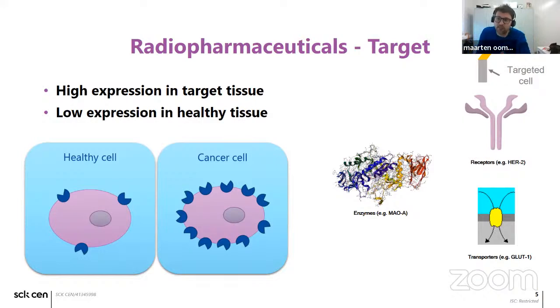So if you want to target a tumor cell, you of course need to pick a molecular target that has very high expression in the tumor, because otherwise you will not distinguish between the tumor and your healthy tissues. These targets can be anything: receptors, transporters, intracellular enzymes. Anything that basically distinguishes your cancer cell or your target cell from your healthy cell can be used as a target.